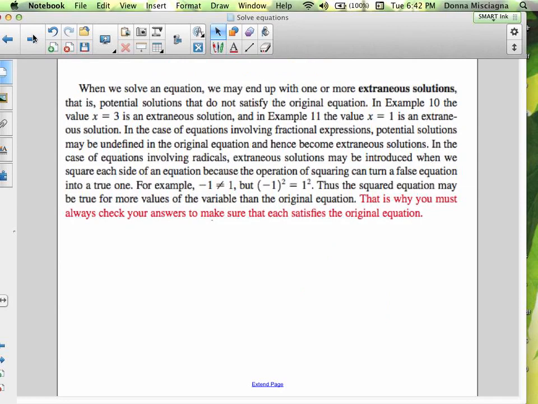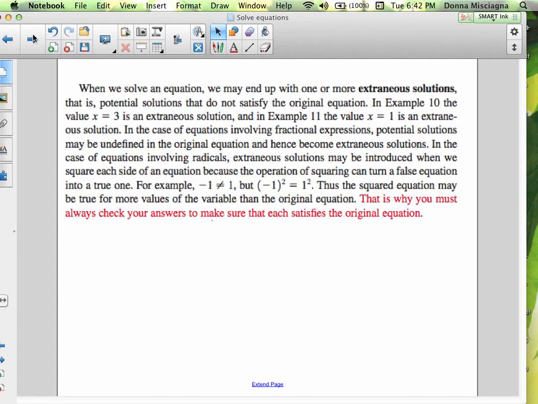So we can't have 0 in a denominator. In the case of equations involving radicals, extraneous solutions may be introduced when we square each side of the equation, because the operation of squaring can turn a false equation into a true one. For example, -1 does not equal 1, but -1 squared does equal 1 squared. Right? Sometimes that squaring makes something seem like it's a solution. Thus, the squared equation may be true for more values of the variable than the original equation. That is why you must always check your answers to make sure that each satisfies the original equation.